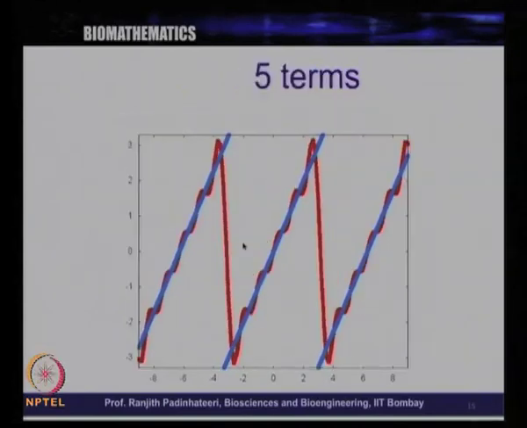By just taking 5 terms, it is pretty close to the blue curve. If you take infinite terms, it will be exactly this blue curve, suddenly falling and again falling. So, by adding many sines, you can generate a sawtooth pattern.